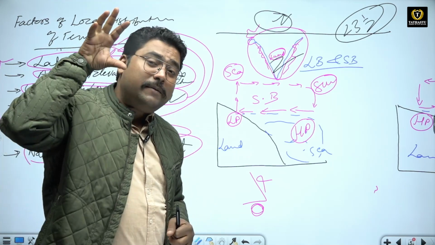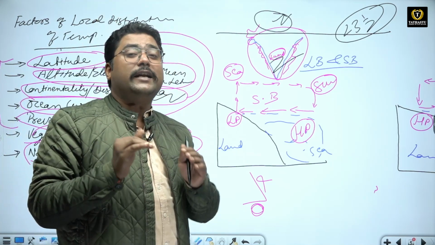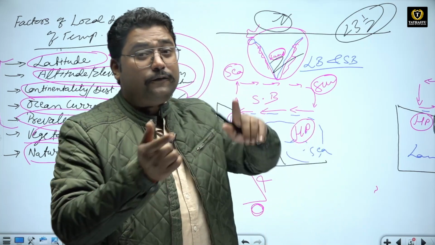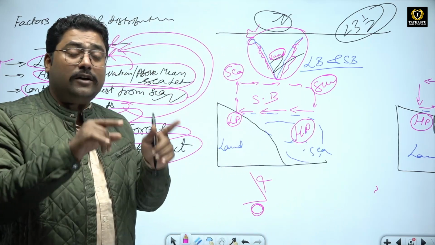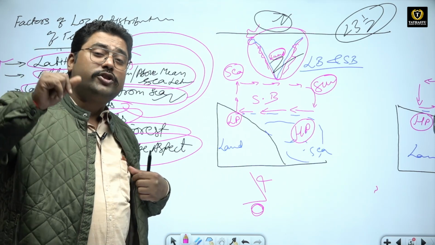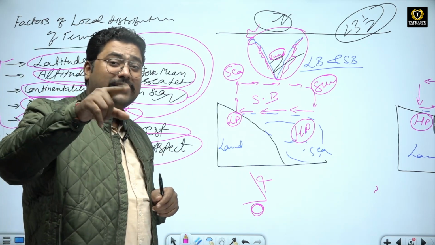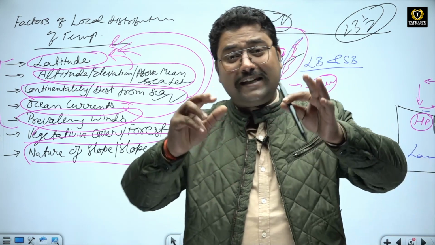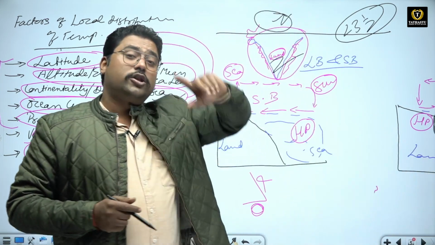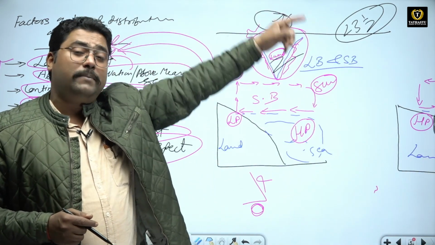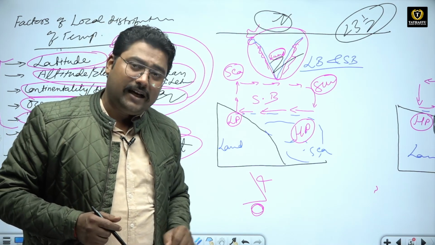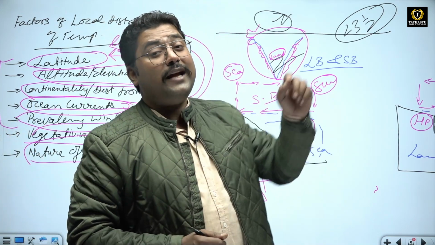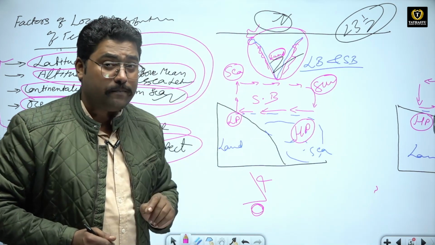But if there are sun rays, the temperature will decrease by a very small amount. But if that place does not receive the sun rays, it will be much more chilled. That's why the southern slope of the Himalayas has more vegetative cover, and the northern slope of the Himalayas towards Tibet has very little vegetative cover and is more chilled in comparison to the southern slope.